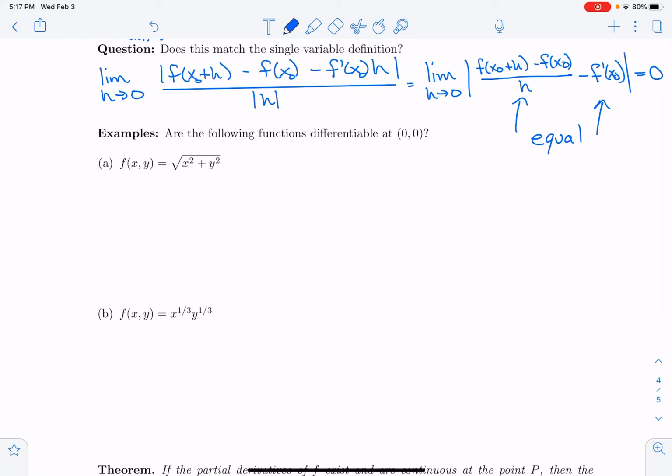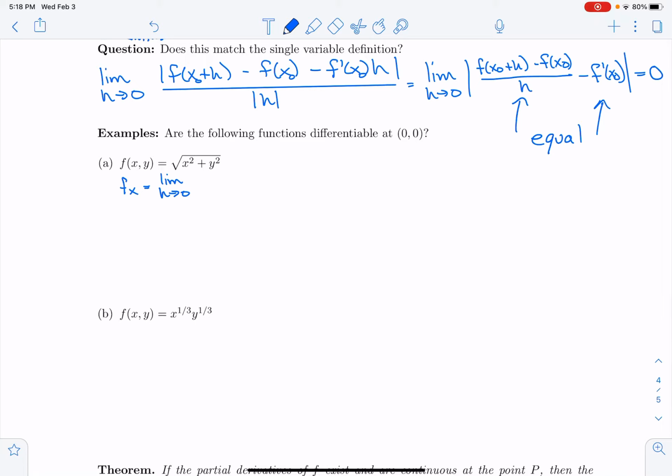So we're going to find the x derivative, and I'm going to find these derivatives using the definition. I'm going to say that the x derivative of this is going to be the limit as h goes to 0 of f of x plus h.